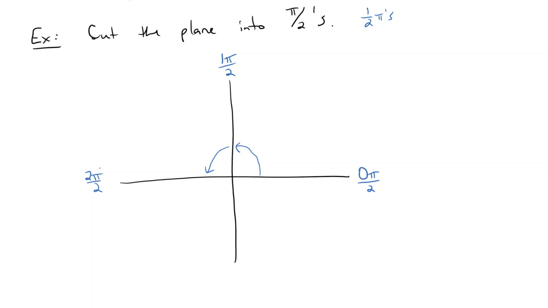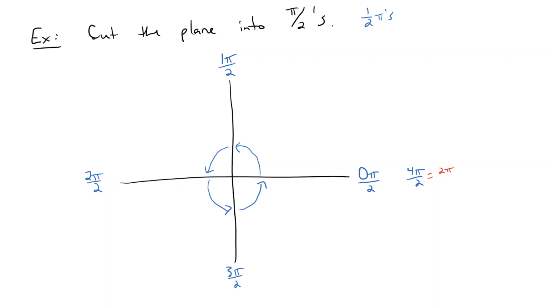You might notice that 2 pi over 2 reduces to pi, which is good for us because we know pi is right here on the negative x-axis. It's half of a revolution. But I want it in terms of pi over 2's, okay? If I keep going, then I get 3 pi over 2, my third pi over 2, and then I get 4 pi over 2, which you might notice again reduces to 2 pi.